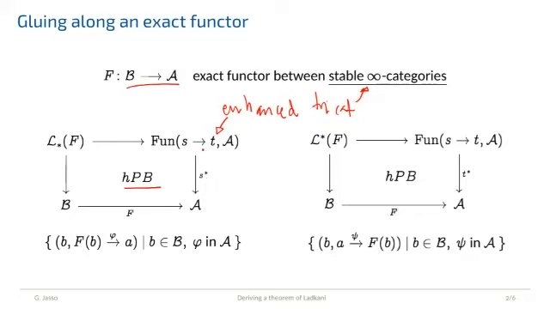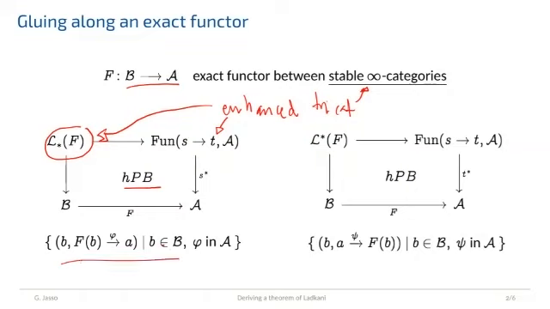And I consider the functor that restricts a morphism in A to its source. And then I consider the following pullback. This again is an enhanced triangulated category. You can think of the objects of this new enhanced triangulated category as pairs, little b in B, together with a morphism phi in A, such that the source of phi is F of b.